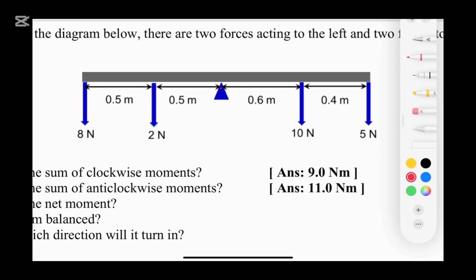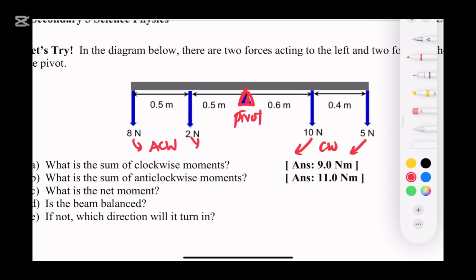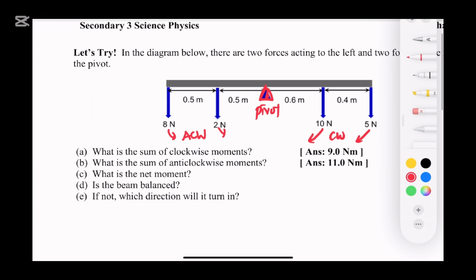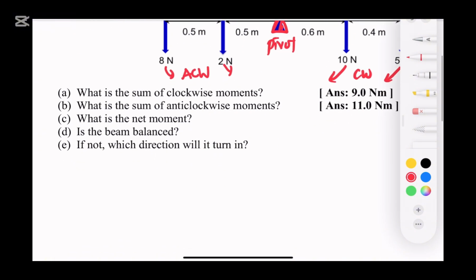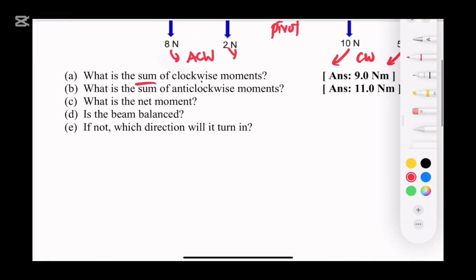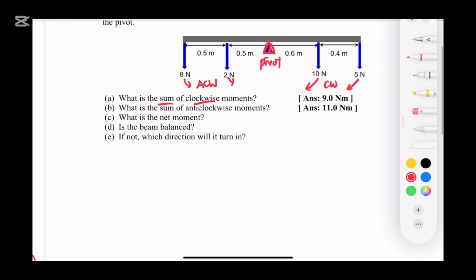So first, as usual, identify the pivot, and then identify which are the clockwise moments and which are the anti-clockwise moments. For clockwise moments, we have these two here, and for anti-clockwise, we have these two. When there are more than one of each, we have to sum them up. Part A breaks down for you what the sum of the CW moments is. We can do this together.